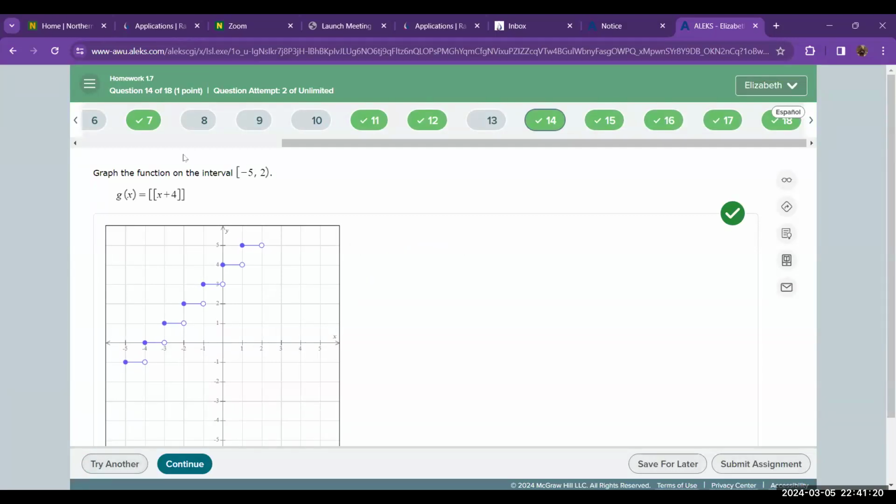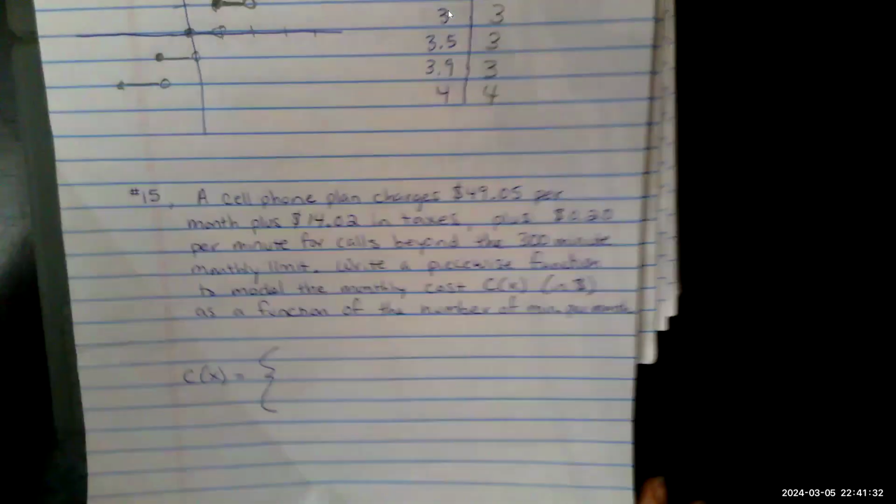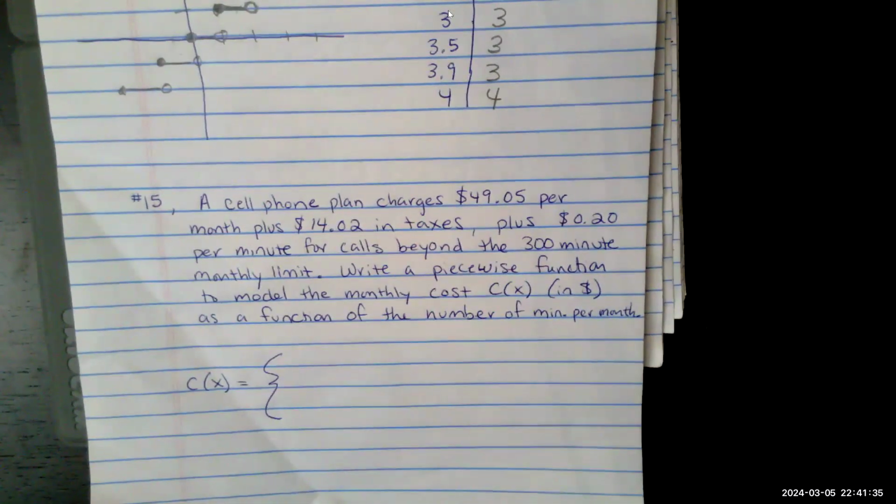Okay, all right, one last one, word problem. If we had a word problem like this, the way we could set it up, since two different situations are happening, would be to use a piecewise function. So first, let's try to understand what's happening in this problem.